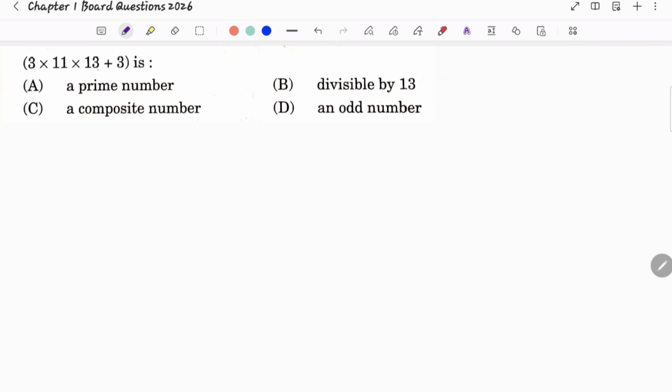Next problem. 3 multiplied by 11 multiplied by 13 plus 3 is a prime number, composite number, divisible by 13, or an odd number. The given number is 3 multiplied by 11 multiplied by 13 plus 3. This is one term and this is one term. From these two terms, 3 is common, so take it outside.